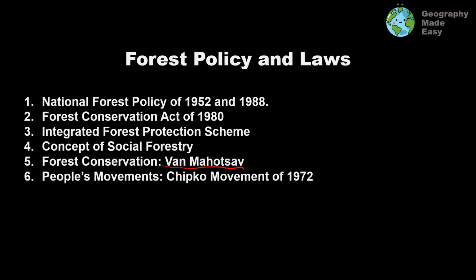Also, another concept which needs to be understood is the concept of social forestry. Social forestry is for the people who are dependent on the forest, for people who are living close to the forest. It is also called community forestry, where quick growing plants are planted in and around a settlement, protecting the settlement, giving it a green cover, and these quick growing plants can be used as fuel.